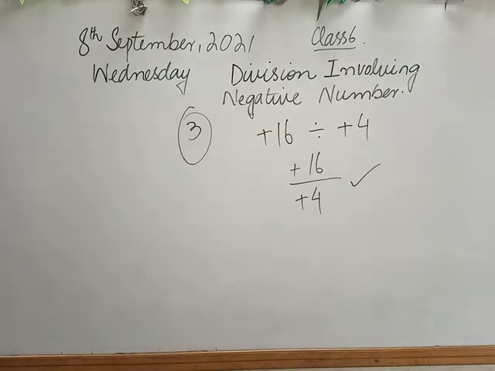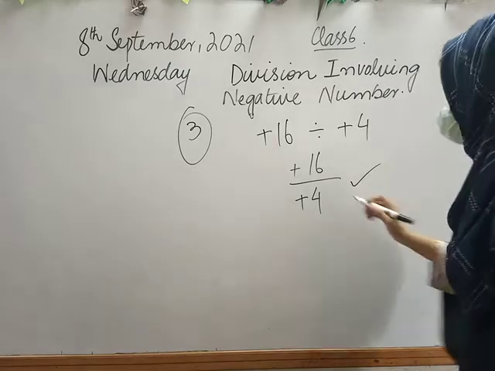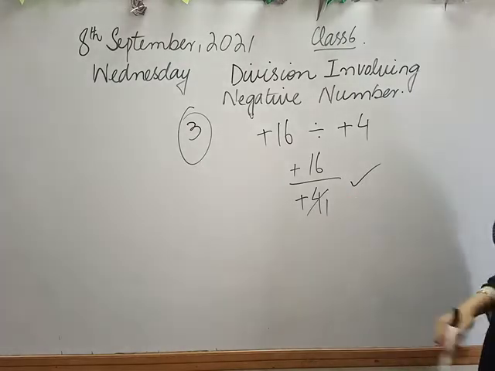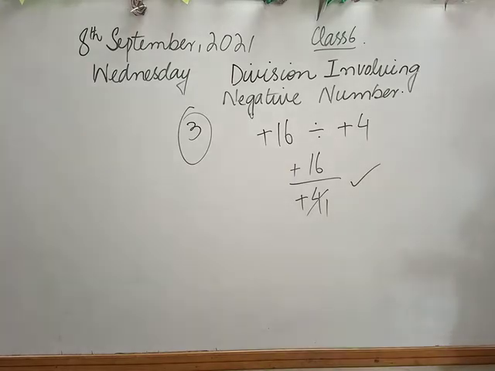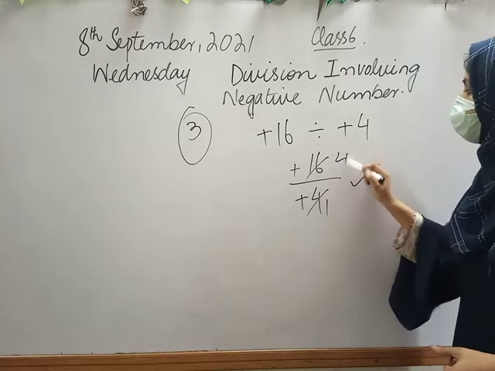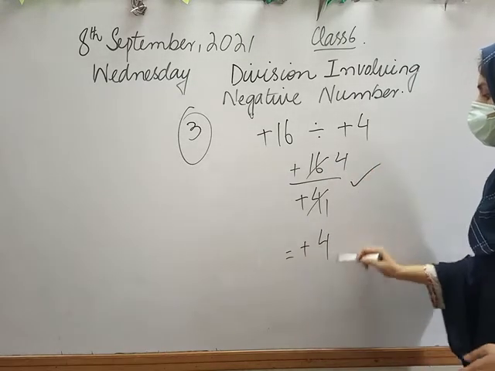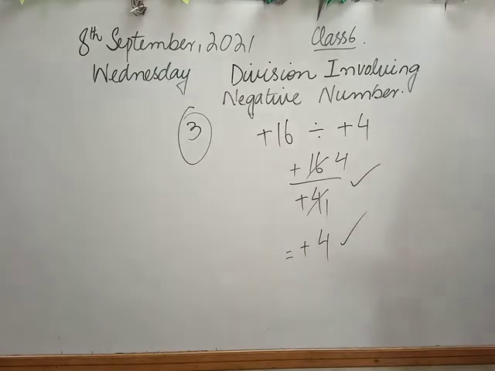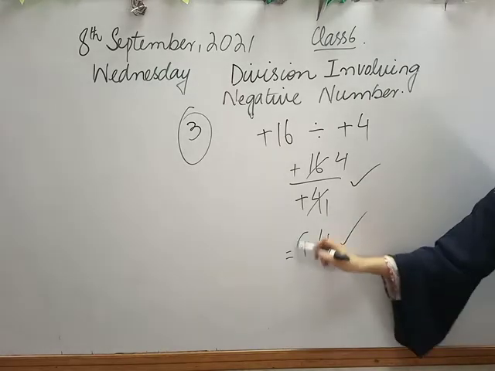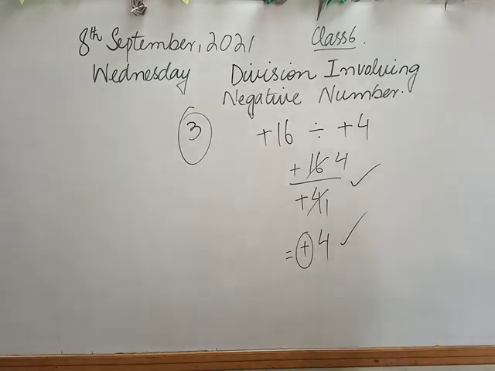Now we will simply cut into one table, which is 4 1 times, and who will tell me by how many times I will multiply 4 to get 16? Yes, Ramisha, you tell me. Very good. 4 times. So 4 is in the end. But the sign we have in the end is plus.